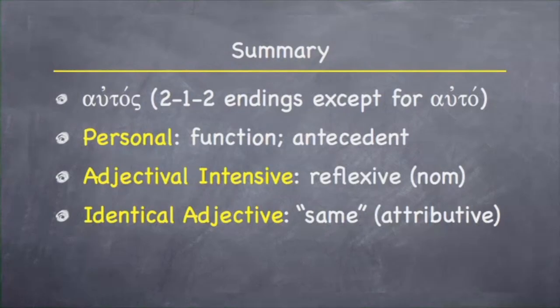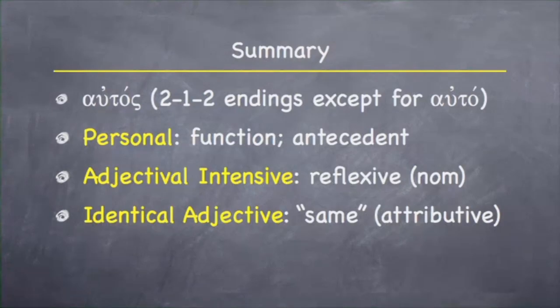When autos is functioning as a personal pronoun, we see that its case is determined by function, and that its number and gender are determined by antecedent. And the only thing you have to watch out for is when that antecedent is in the singular and is not personal. You're going to have to use proper English because Greek is going to be following grammatical gender, and it's going to mess you up.